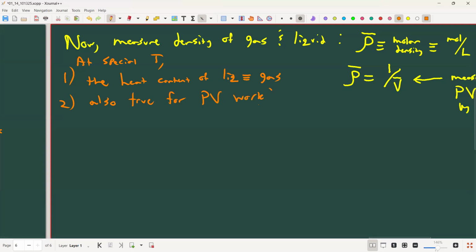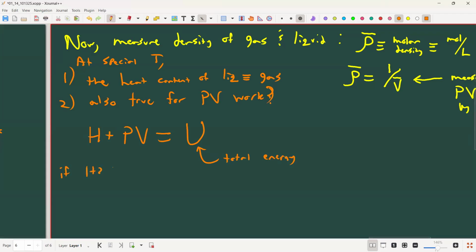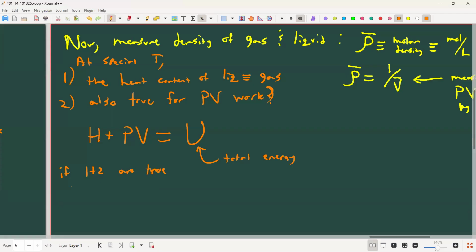Right? So if we take H plus PV, this is the total energy of the system. Right? And so if both are true, we could say that the energy of the gas and the energy of the liquid are the same.